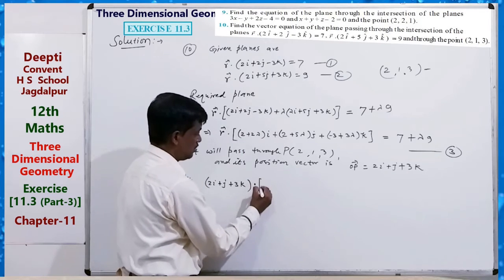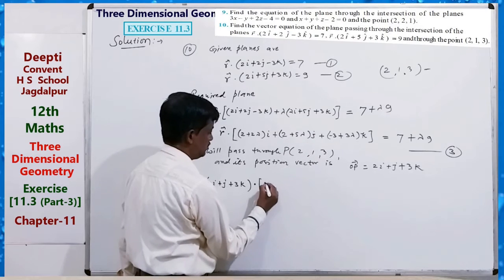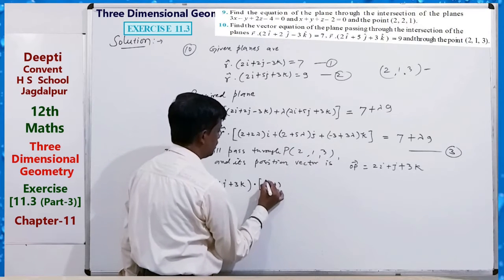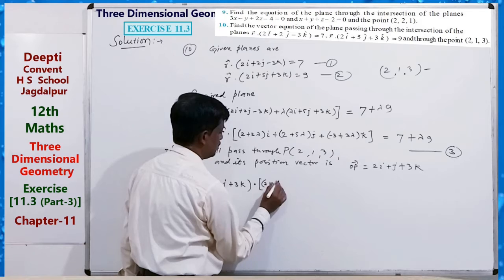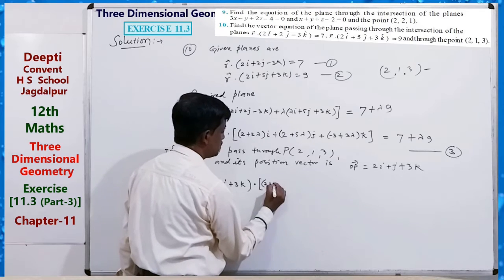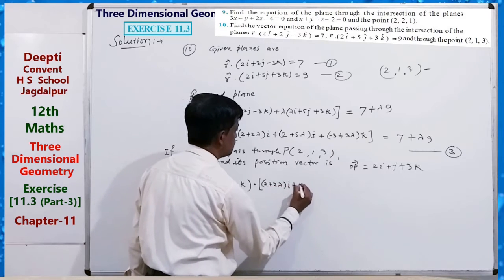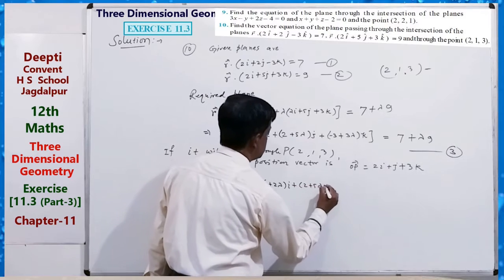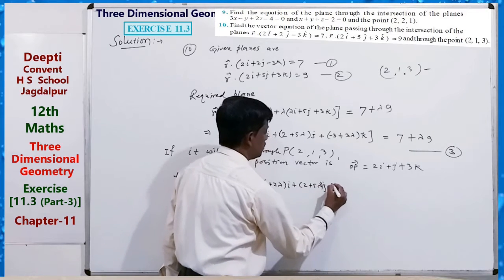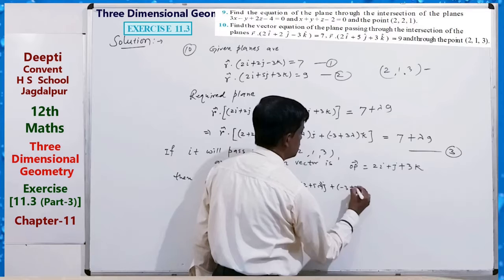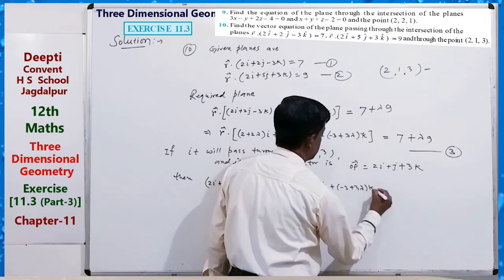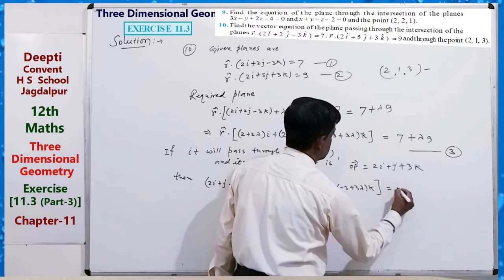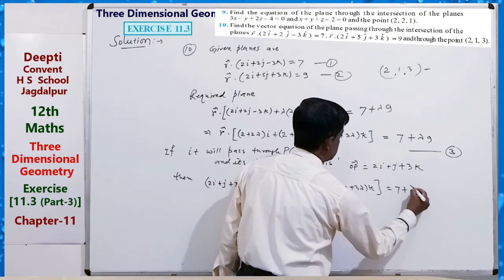So this dot (2 + 2 lambda)i + (2 + 5 lambda)j + (-3 + 3 lambda)k equals 7 plus 9 lambda.